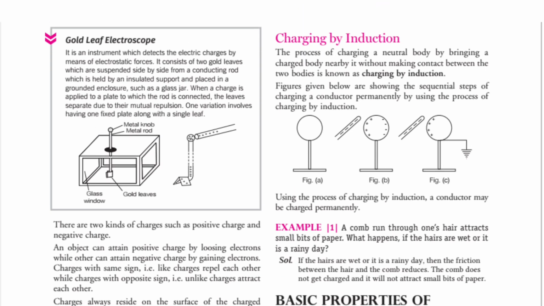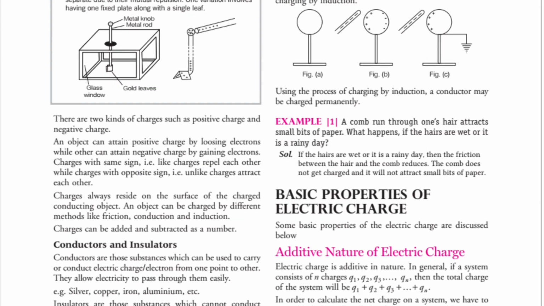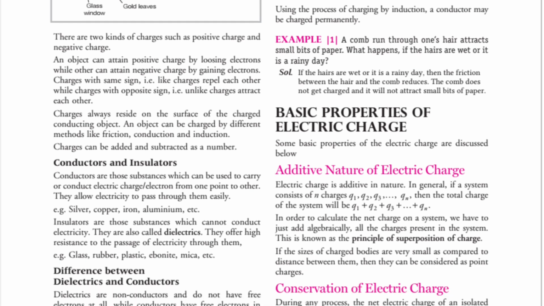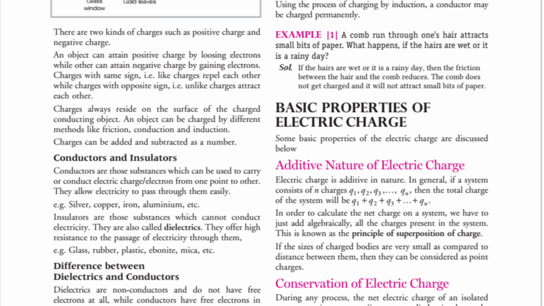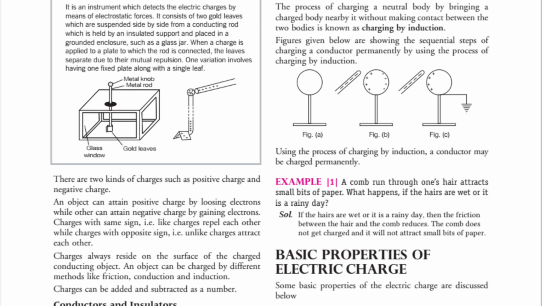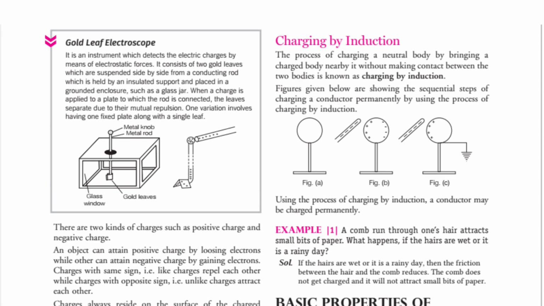Then we have conductors and insulators, and the difference between conductors and insulators. We have this example, charging by induction. I already taught you that we have a neutral body, and positive and negative charges on the next body. So finally we get the net result that the positive charges and the negative charges go to one of the bodies.